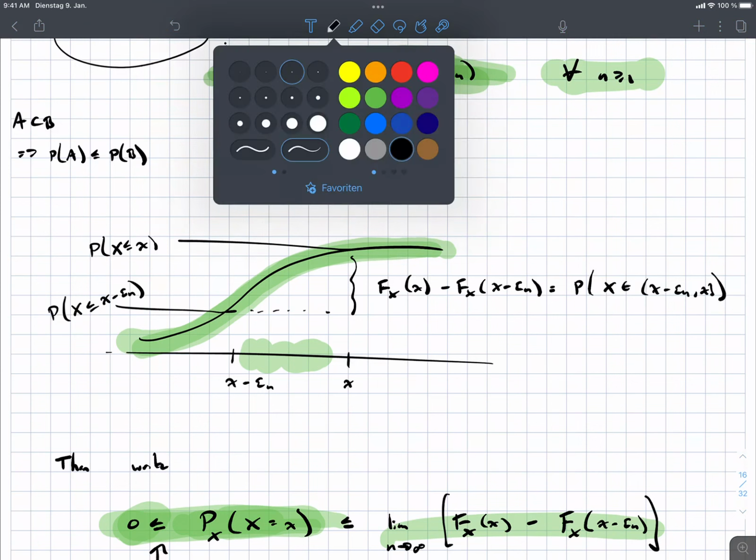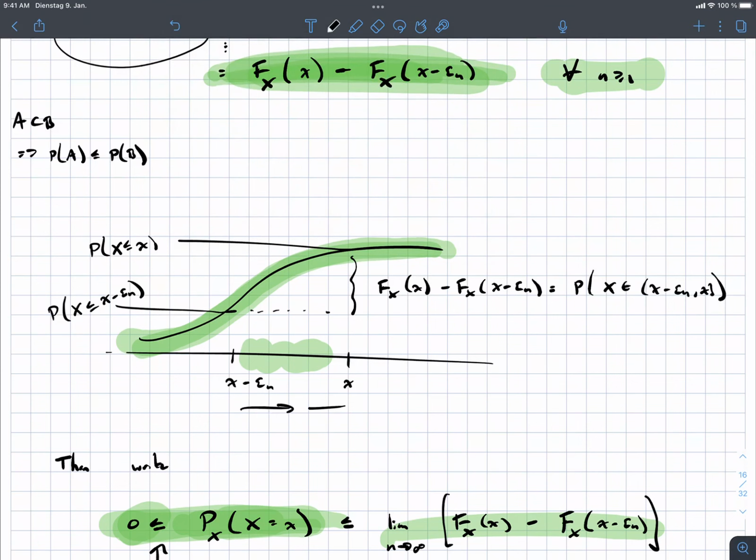So the idea is, if I push these closer and closer together, and I don't have any jump in the CDF, then eventually the difference between these two probabilities is going to go down to 0.